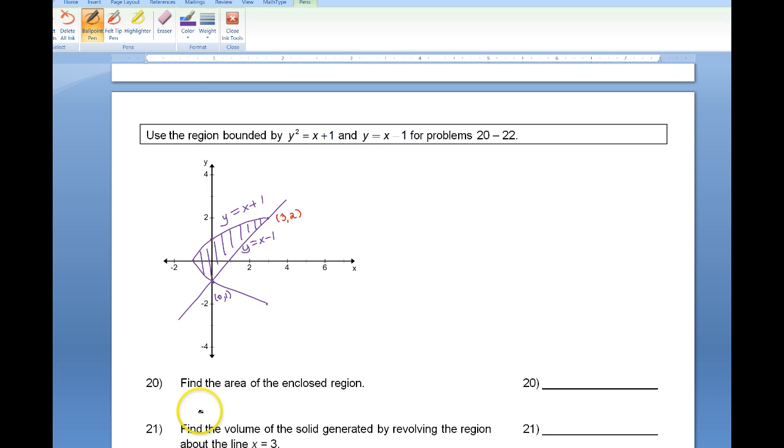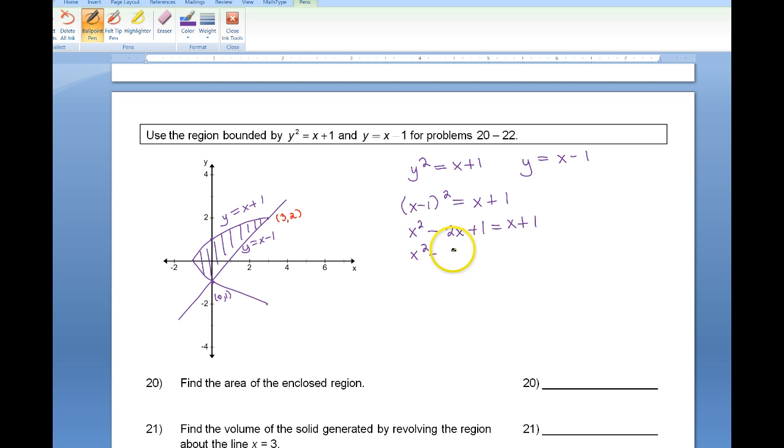But if we don't know those points, we want to solve the equation for x and y. So if I have y squared equals x plus 1 and y equals x minus 1, I can substitute, since y is equal to x minus 1, I can plug in x minus 1 here using substitution. So we have x squared minus 2x plus 1 equals x plus 1.